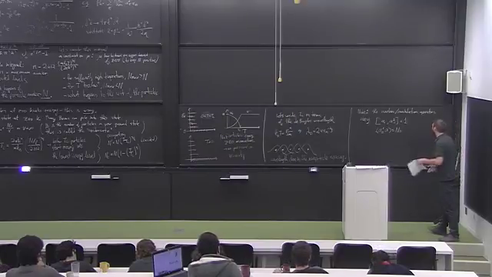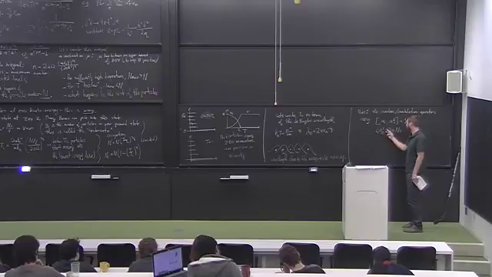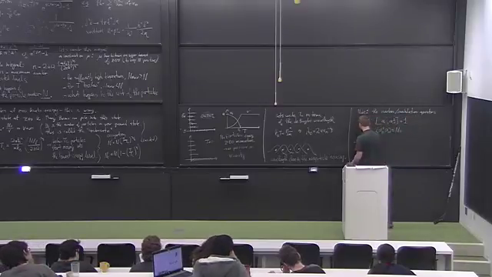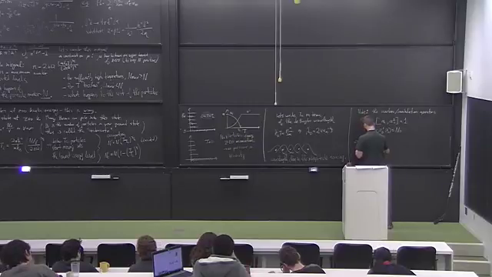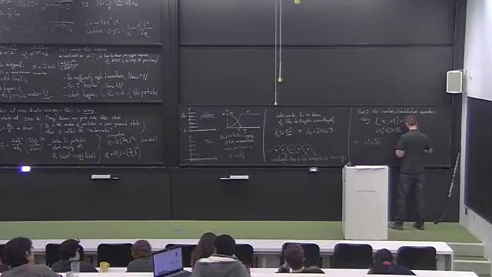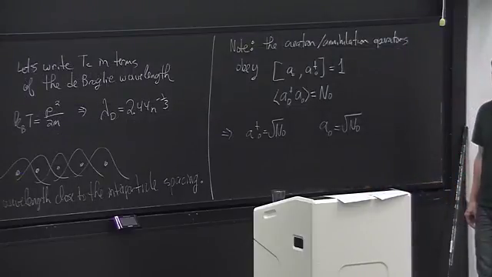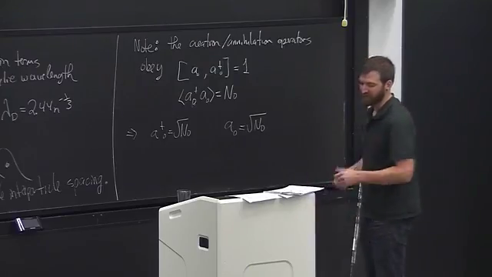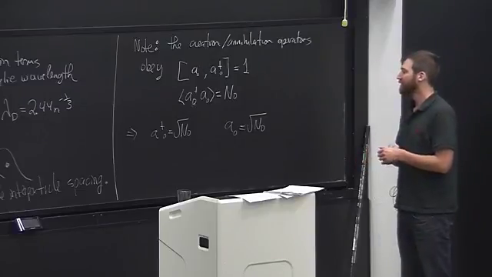Okay, so because one of these is a Hermitian conjugate of the other, as you know, this implies that I can just write these as the square root of the number of particles in the condensate. Just some very hand-waving sort of argument for the expectation value of a dagger a.